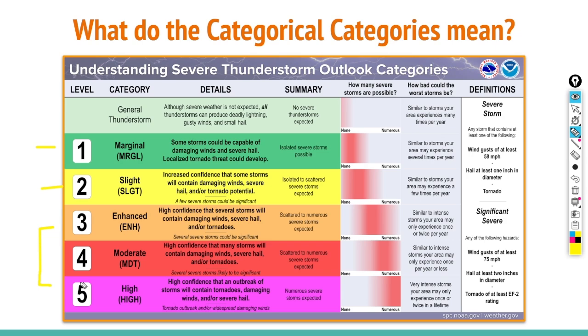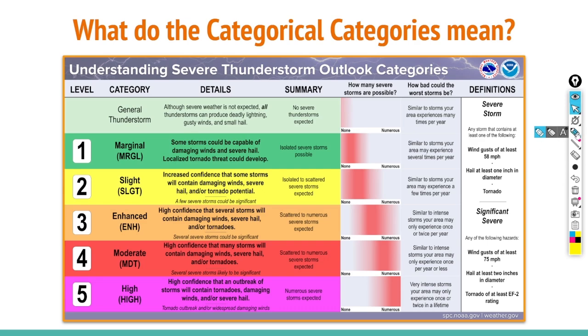They only issue it once or twice maybe in a year, and it's usually somewhere in Tornado Alley or Dixie Alley, but it can be issued anywhere. They try to minimize the high risk so it's not used for an event that doesn't need a high risk.